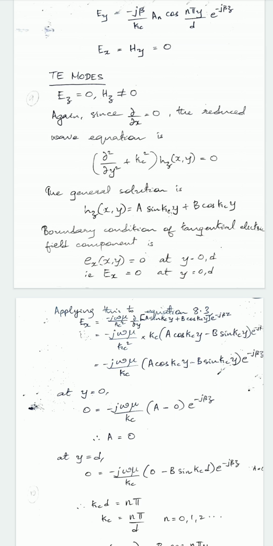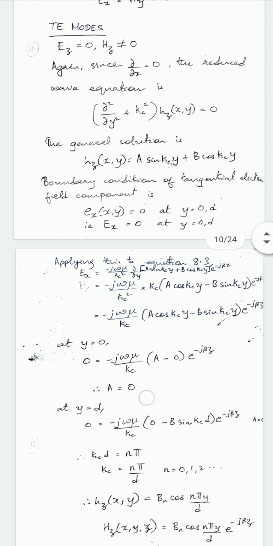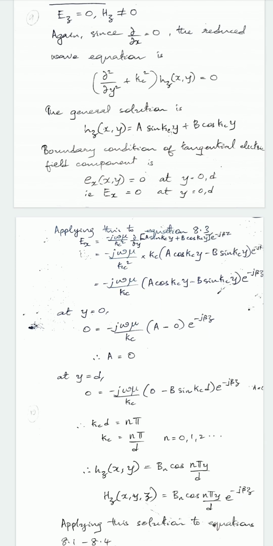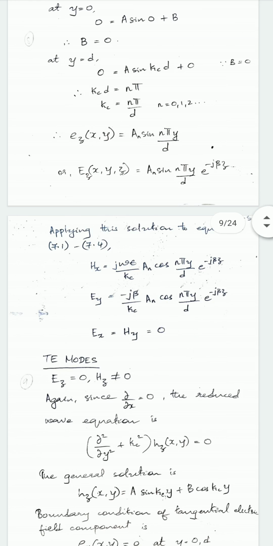We can take the boundary condition, that is Ex(x,y) equal to 0 at y equal to 0 and d. So you can take this Ex representation.